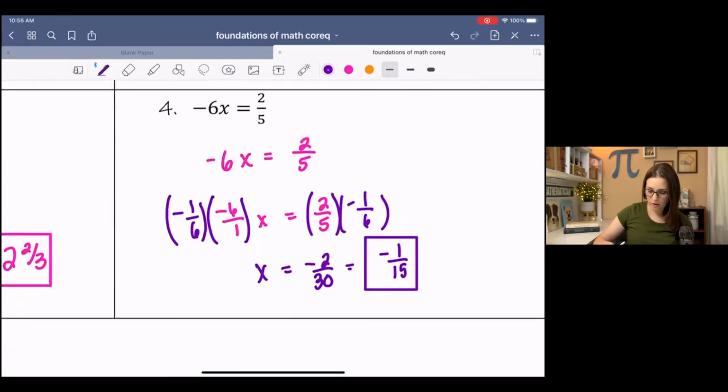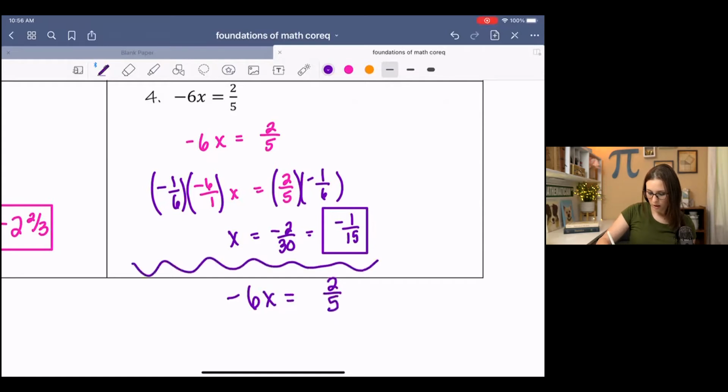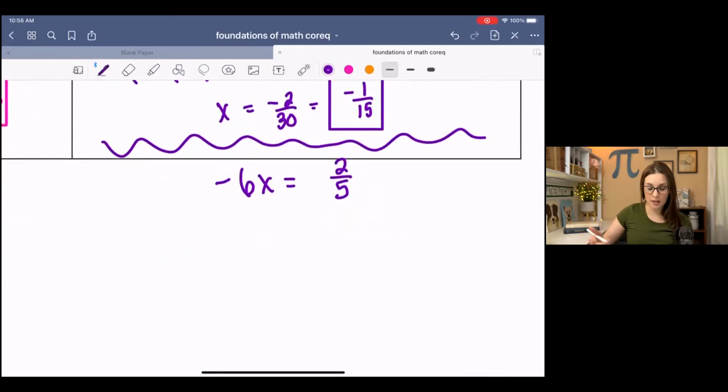Another way you can do this one, which it might be a little bit more popular, I used reciprocals because I wanted to follow the same pattern for this lesson. But another way you might see this, let me do a little line here, is we have -6 times x. And so you might see divide by -6. Since it's multiplied, we do the opposite, which is divide.